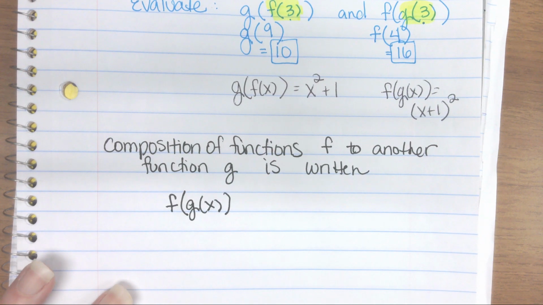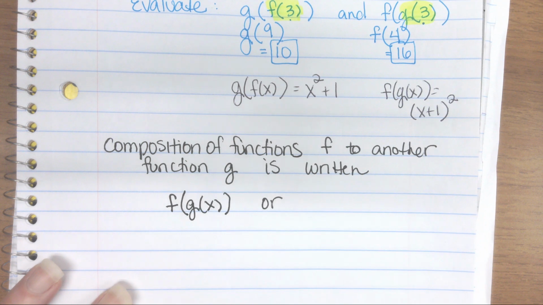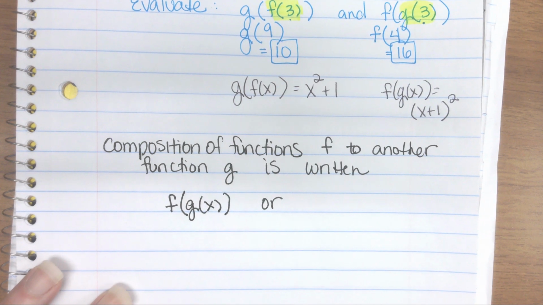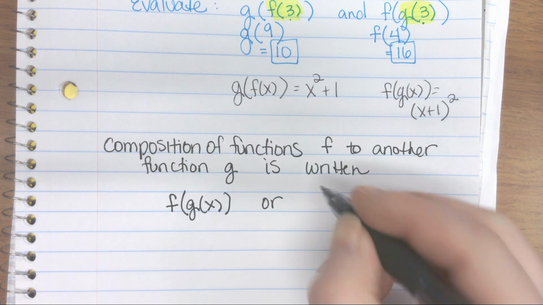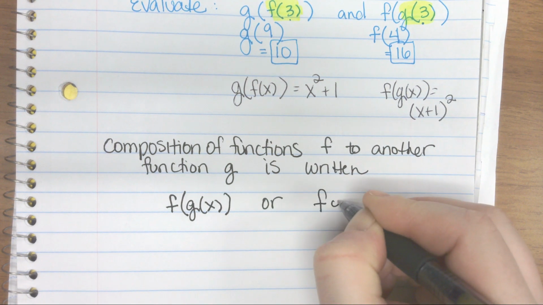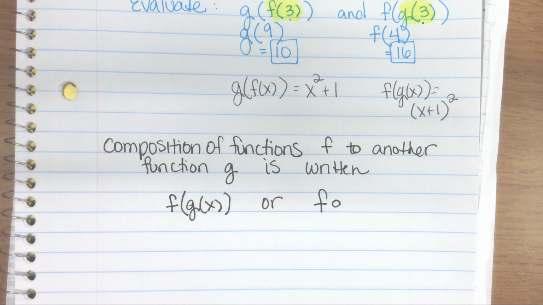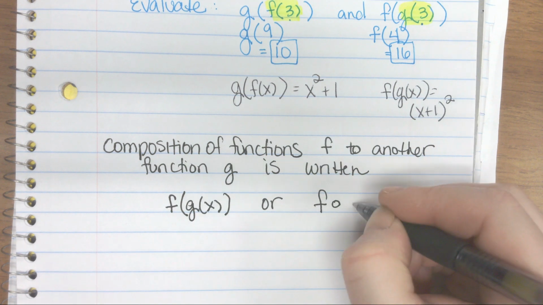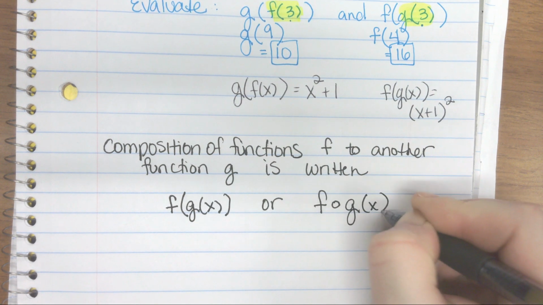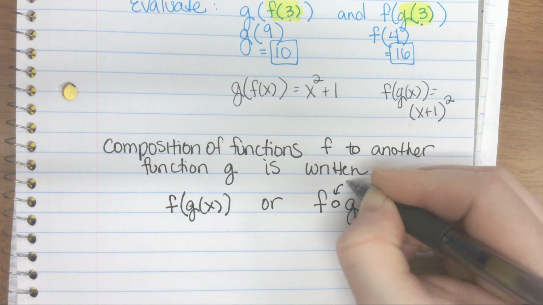Or there's a symbol for composition, and it's a little open circle. So f, and so that's not a times sign. It's a little open circle. It's not an O, just a little open circle. g of x, and that little open circle means composition.